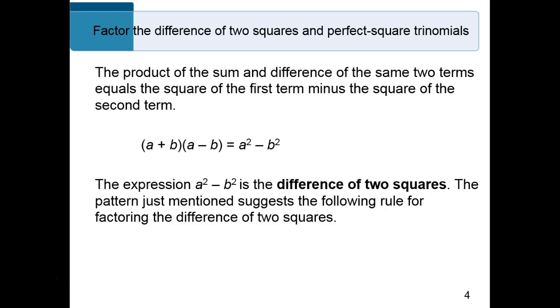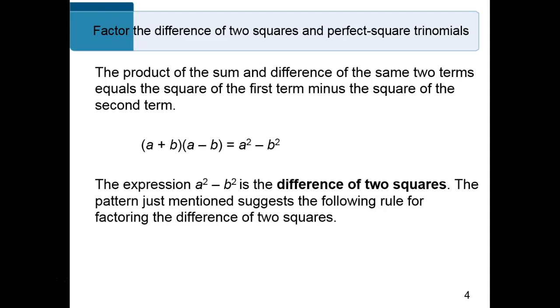Anytime you see anything that looks like this, automatically factor it into this. Put your factor signs down, your two binomials, and take the square root of this one, plus the square root of that one, times the square root of this one, minus the square root of that. Every time. You know how to factor right off the top if you see the difference of two perfect squares.